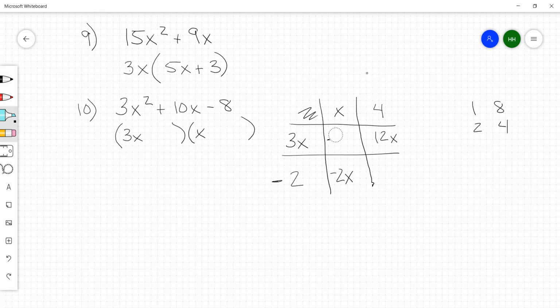That middle box is for the 3x times the x. Three x times x, that's our 3x squared. The 2 times the x, the -2, that's your -2x. 3x times the 4 is 12x. Out here, this is the -8. All right, so 3x minus 2 and x plus 4.